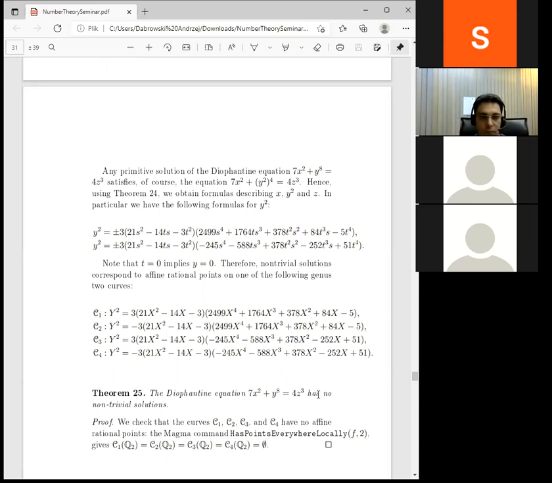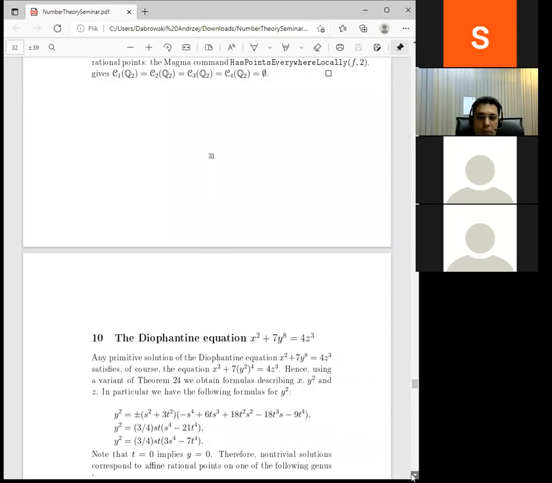But it is easy because we can consider points over the 2-adics. It turns out that there are no affine points in the 2-adic fields. Yes, so we may use Magma commands to check it. So this is very easy.